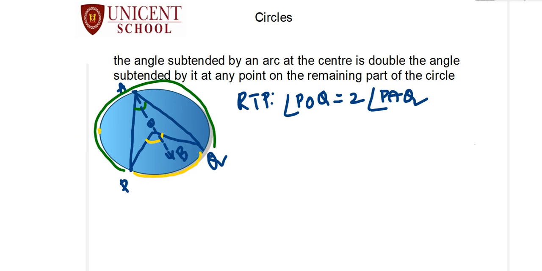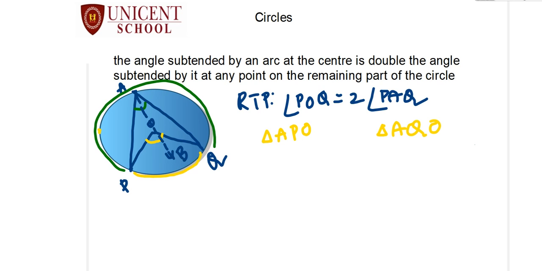So in case 1, that is in the first condition, what do we get? Triangle APO and triangle AQO.